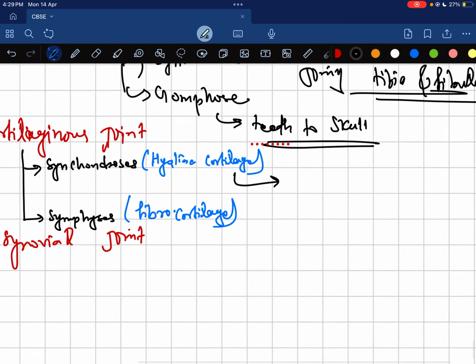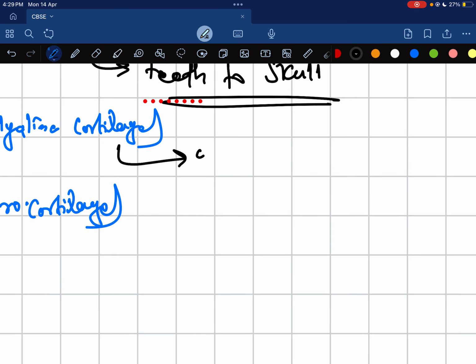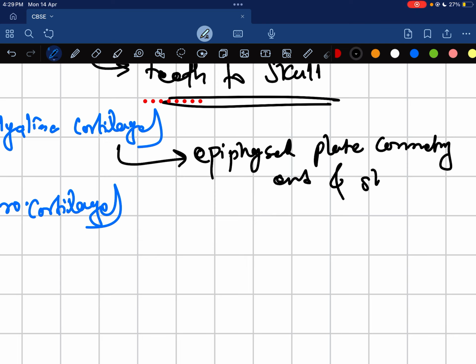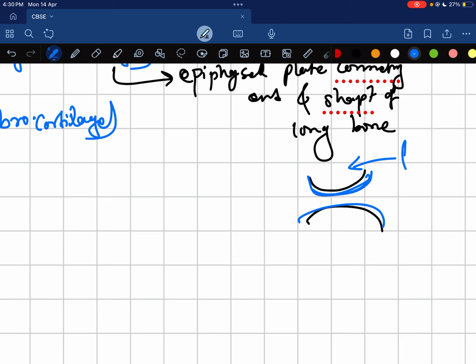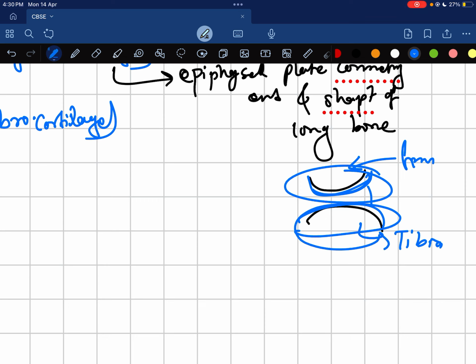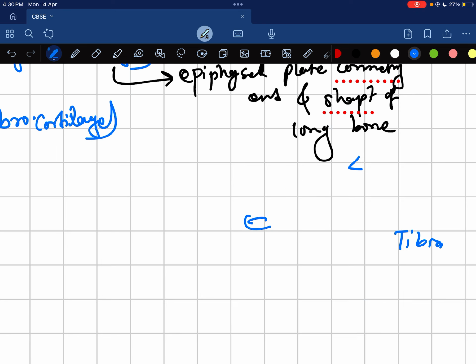In the hyaline cartilage, for example, there is the epiphyseal plate connecting the end and shaft of long bones. Like this is the femur, this is the tibia, and in between there are the epiphyseal plates, leading to the connection between them.